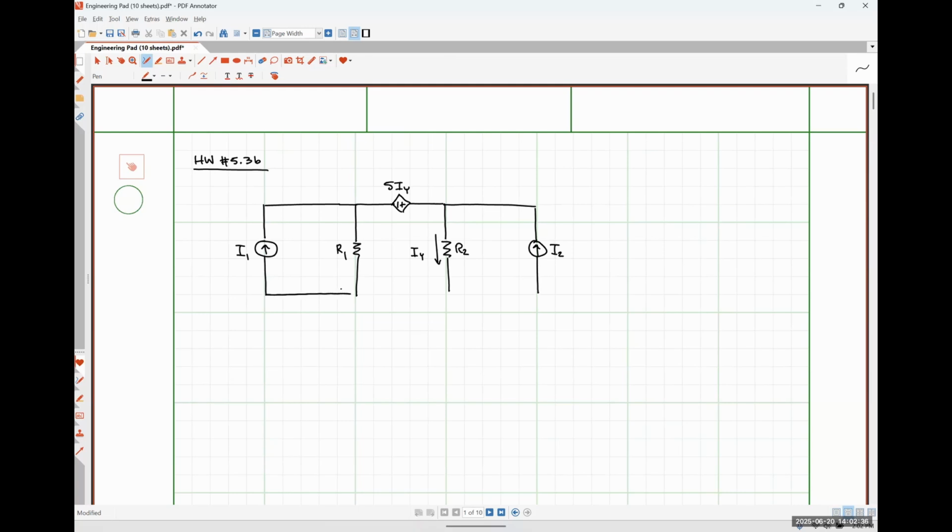So West, since you're asking about this problem, I will let you choose where to put our reference node. Do you have any opinions? The top right one. Top right. Okay, so let me identify those nodes real quick just by coloring them in.